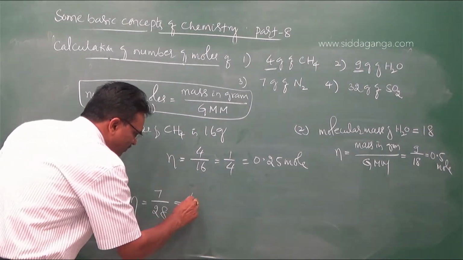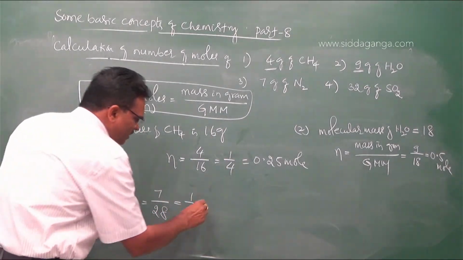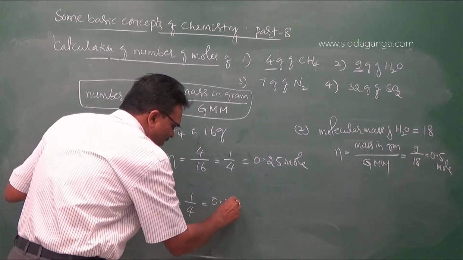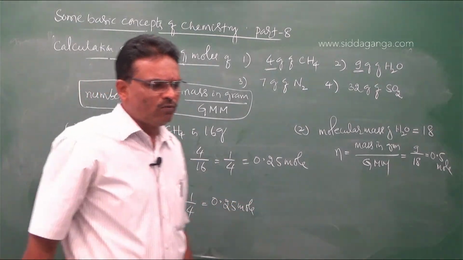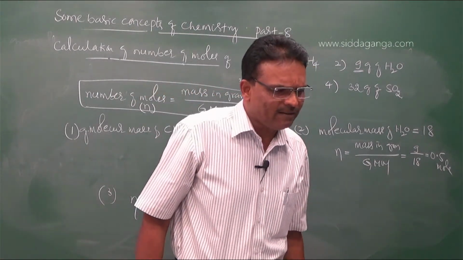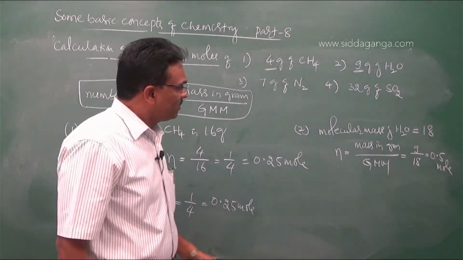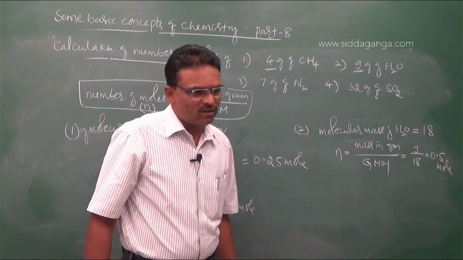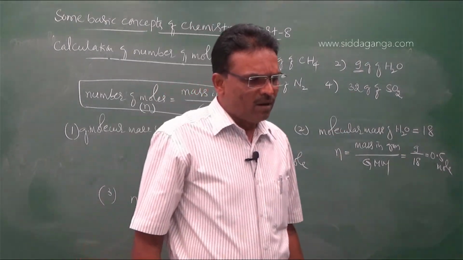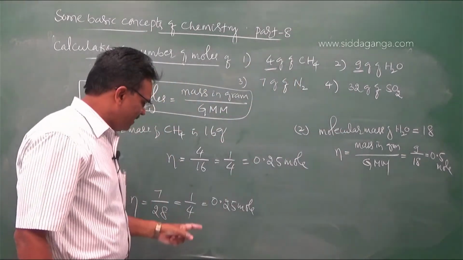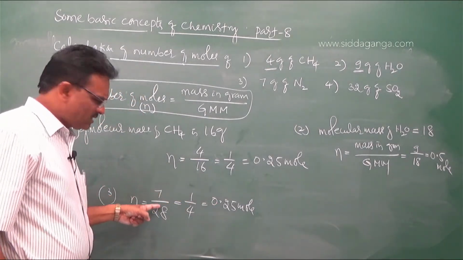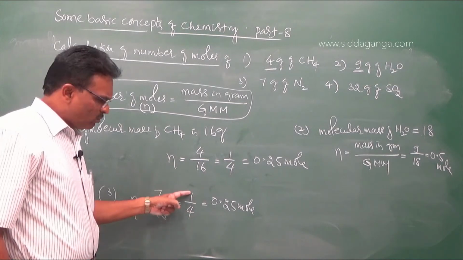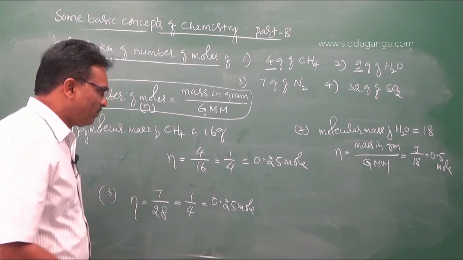It is equal to 1 by 4, which is equal to 0.25 mole. Karthik, you are right. Babu, half is not possible. 7 by 28 means 1 by 4. 1 by 4 means 0.25 mole.